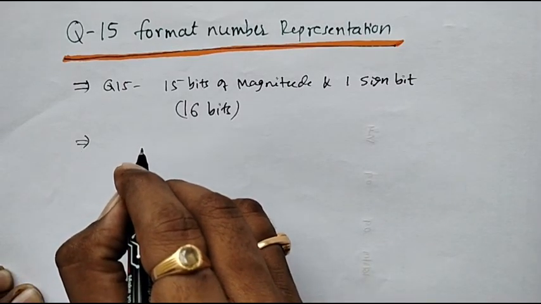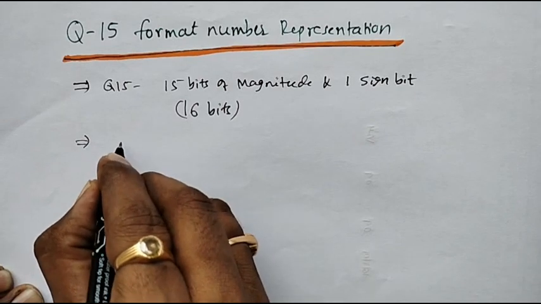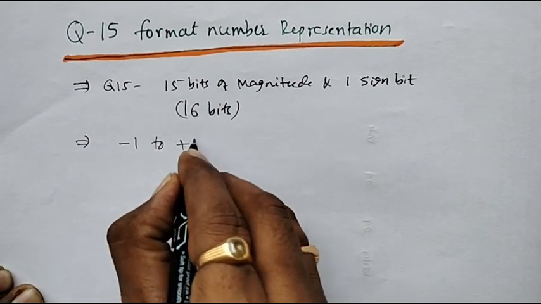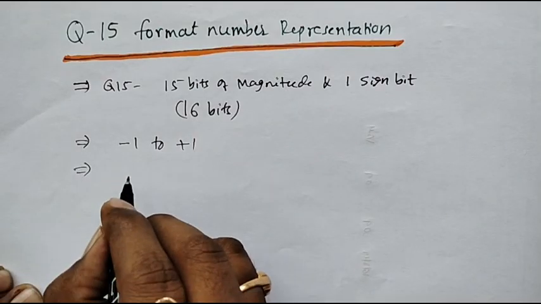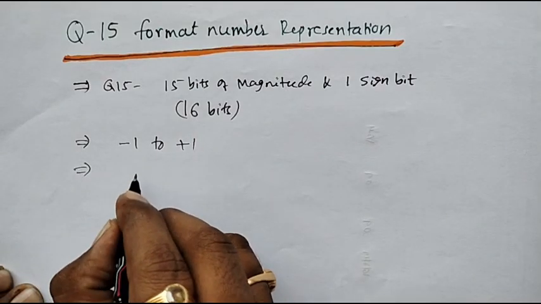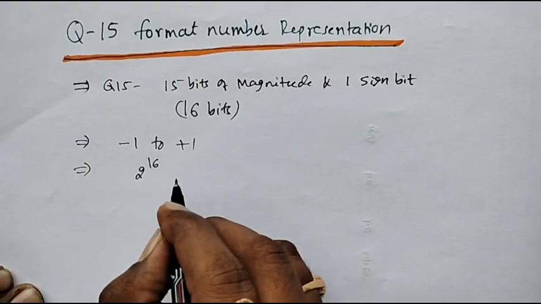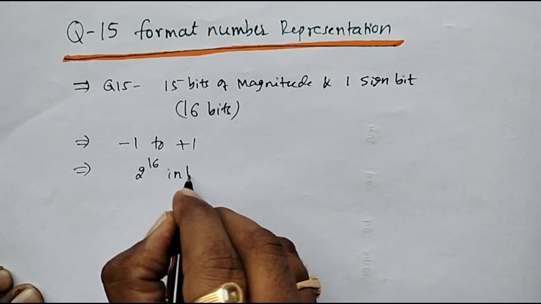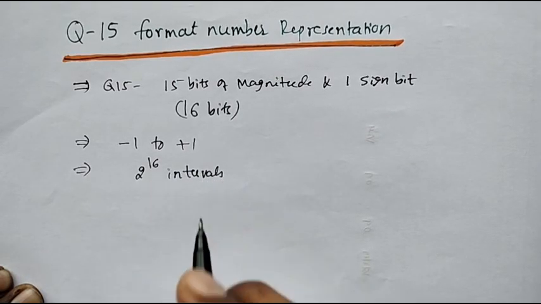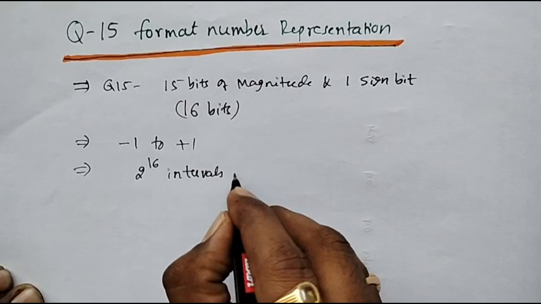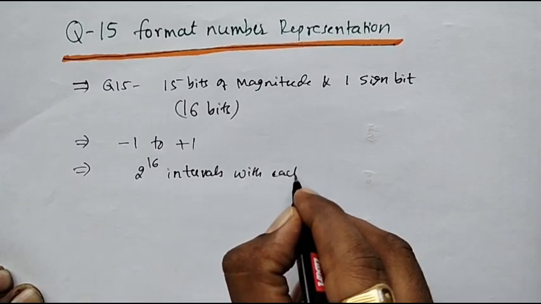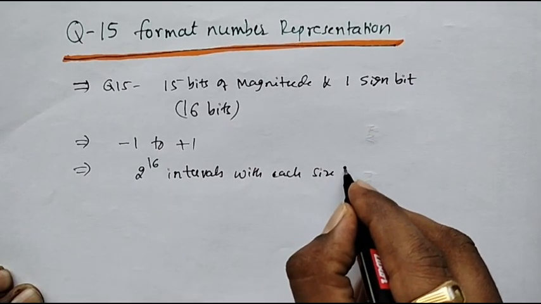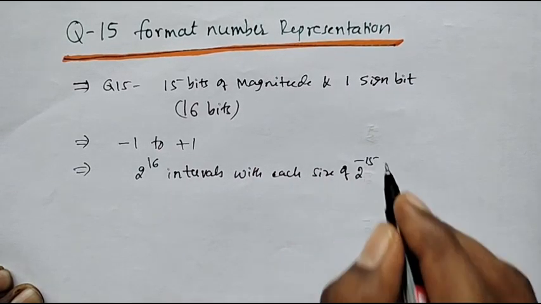The number is normalized to the fractional range from -1 to +1. In Q15 format, the range is divided into 2⁻¹⁶ intervals, with each size of 2⁻¹⁵.